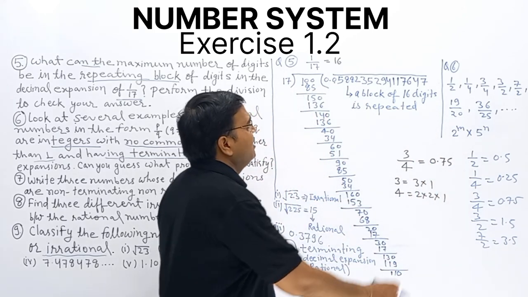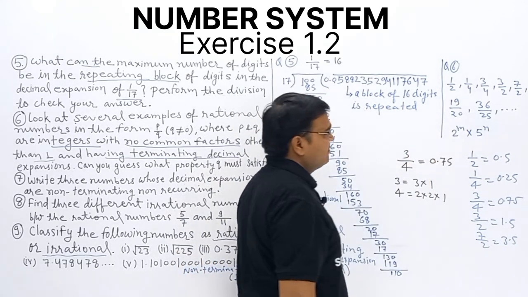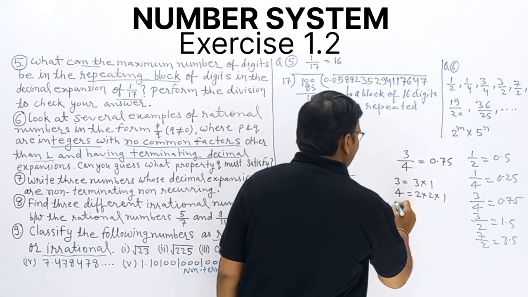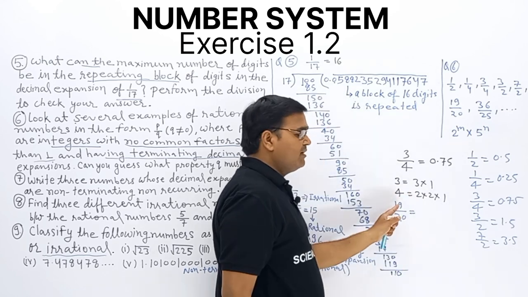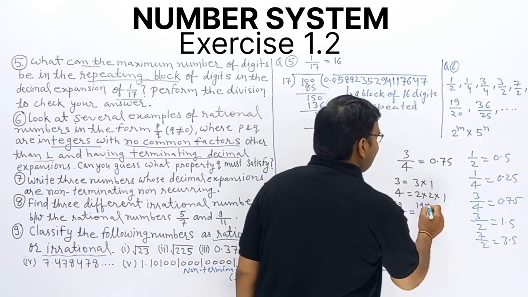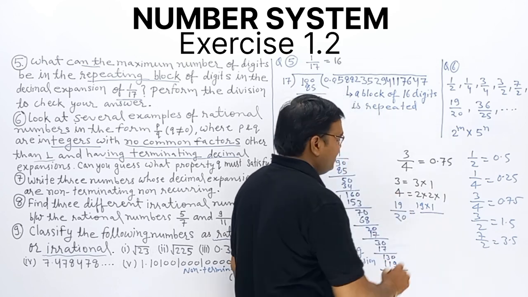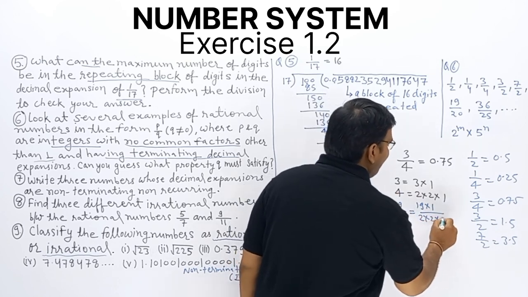Now what about 19 and 20? Once we factorize 19 upon 20, we have 19 into 1, and in 20, 2 into 2 into 5.